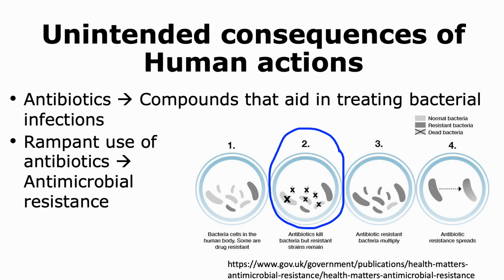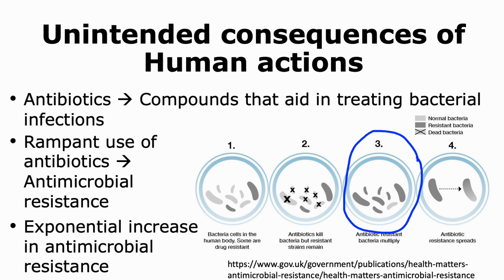When antibiotics are used, they kill all the normal bacteria that don't have any resistance, and that allows the resistant bacteria to proliferate, and now they are more in numbers. This creates an exponential increase in antimicrobial resistance simply because there are more bacteria that are able to counter the effects of the antibiotic.